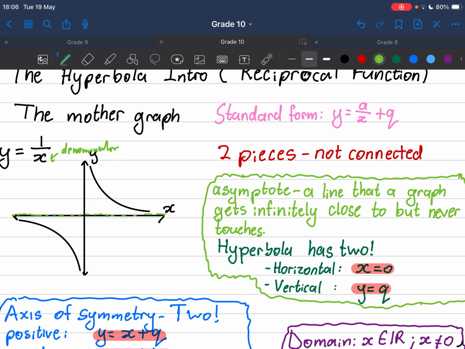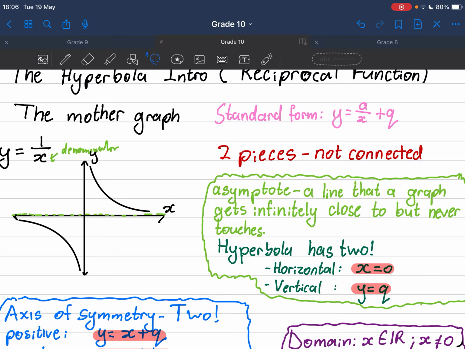We call the one that runs from left to right the horizontal asymptote, because it's practically a horizontal line. But what is the equation of this asymptote?